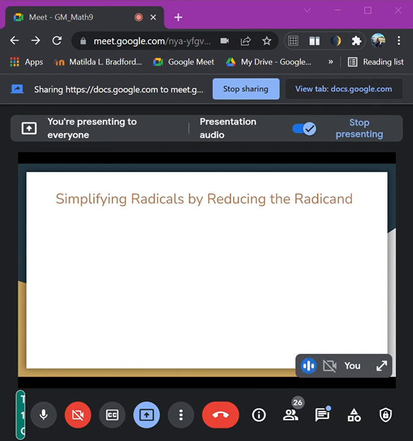Okay, so these are the 3 ways. The first one, reducing the radicand, is finding a factor of a radicand whose indicated roots can be found. Okay, and now I'm going to use Jamboard so that you can see how to solve it.